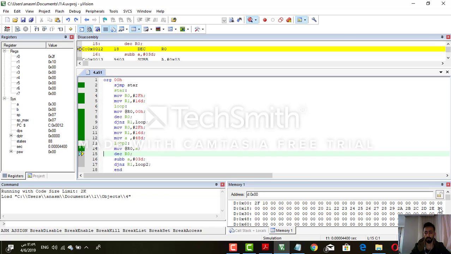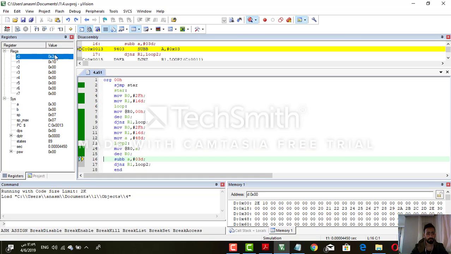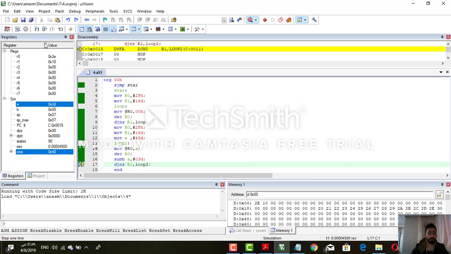We move accumulator 30 here, to the address which is pointed by R0, and decrease R0 by 1 as we see, and also subtract 3 decimal from the accumulator, so the value of the accumulator is 2 decimal. I'm sorry, yes, it's right.